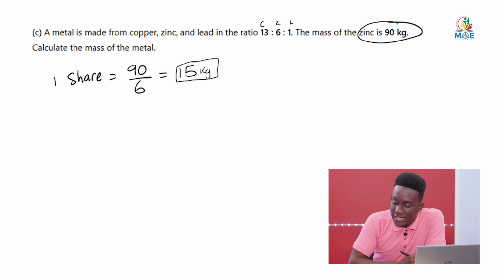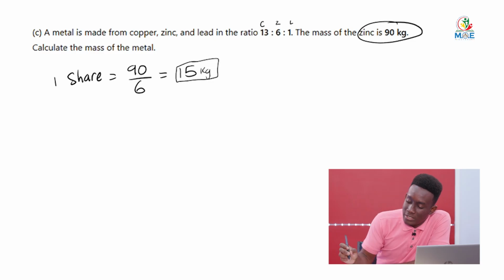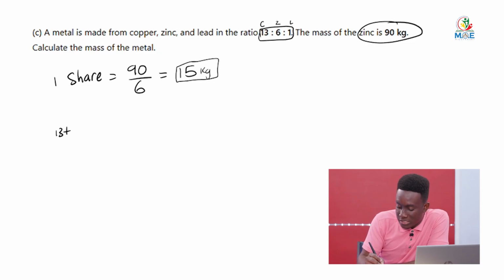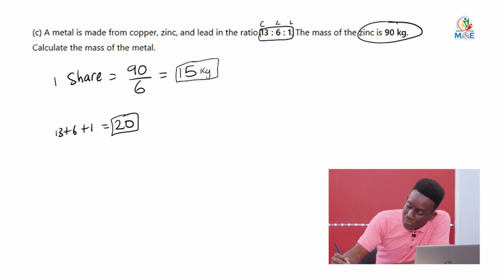Next, they want us to calculate the mass of the metal. So the metal will be the total mass of everything. Let's see how many shares we have in total. We have 13 plus 6 plus 1. 13 plus 6 would give me 19, 19 plus 1 is 20. So now we have a total of 20 shares. And each one has a mass of 15 kg.